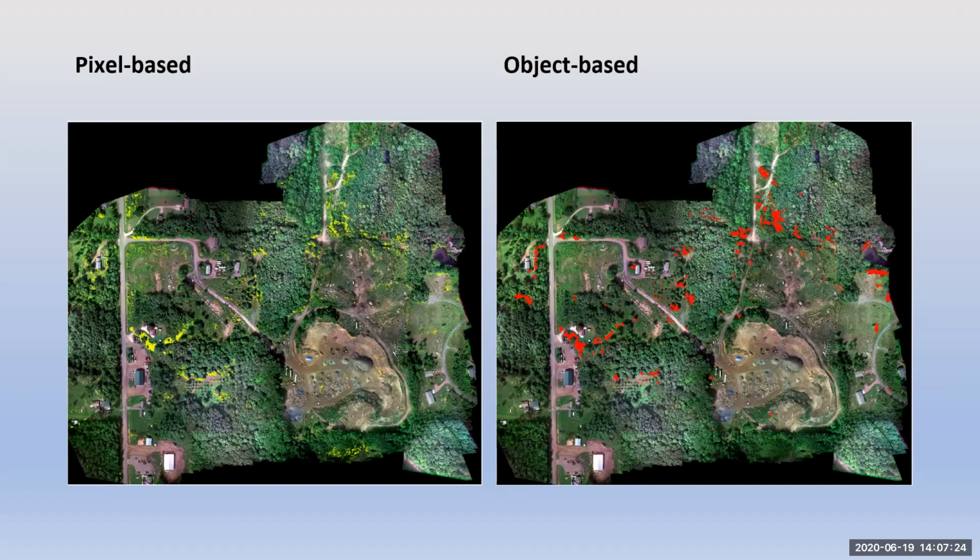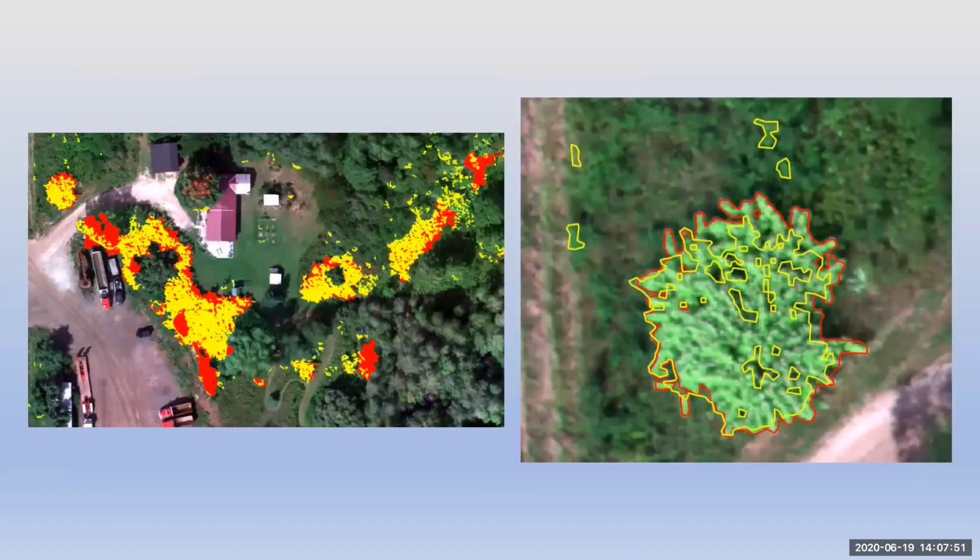And then on the right-hand side, we have the object-based. You can see those areas of red give it a more blocky look, more like how knotweed actually grows. Once it hits an area, it spreads out into big areas. All right, let's hit the next slide.